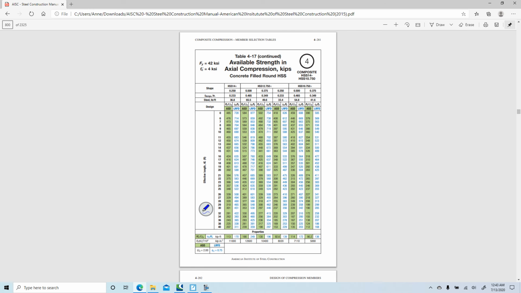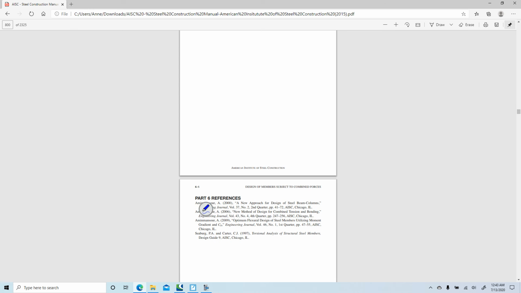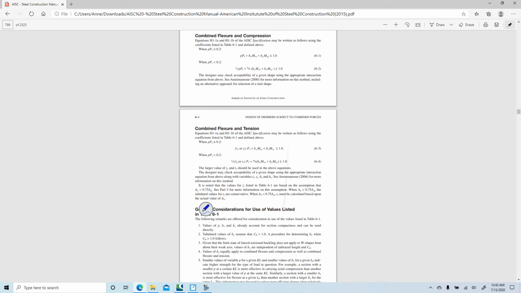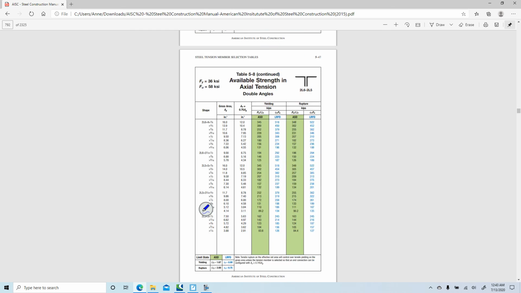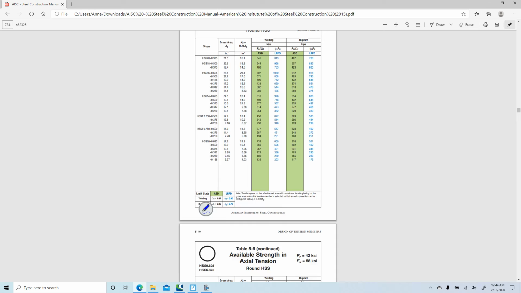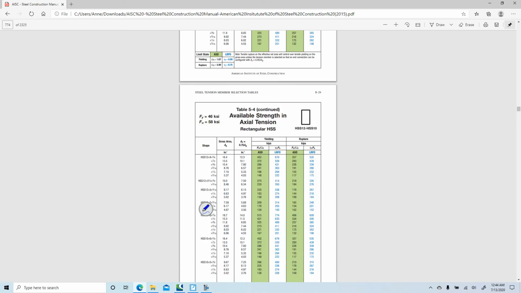A lot of tables. Oh, that's down in flexure.